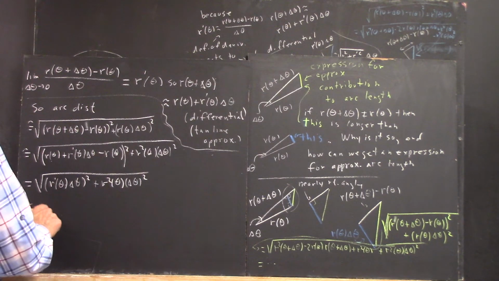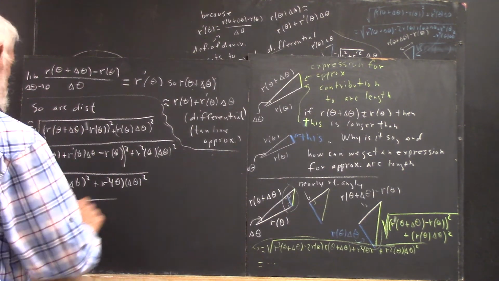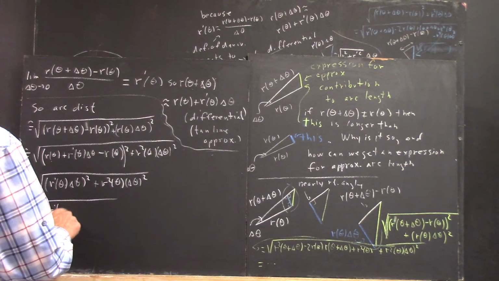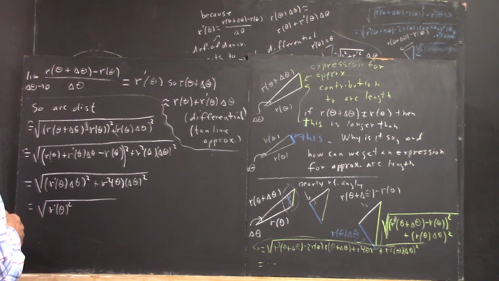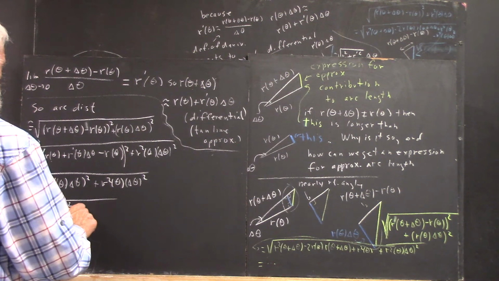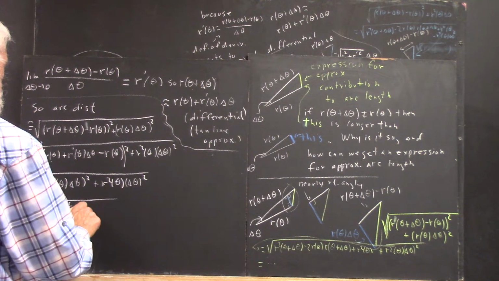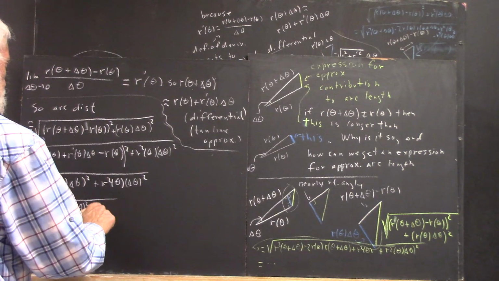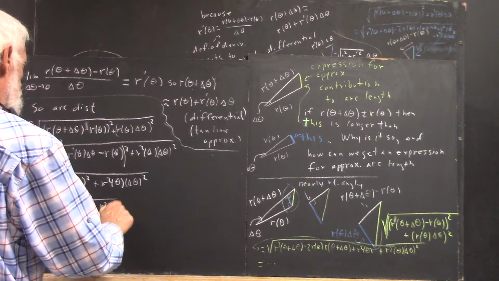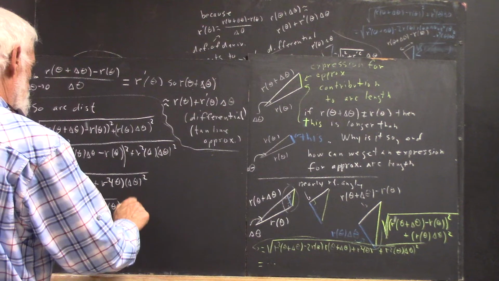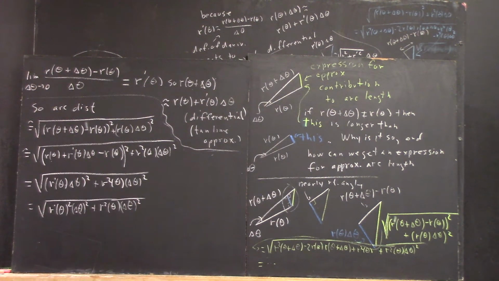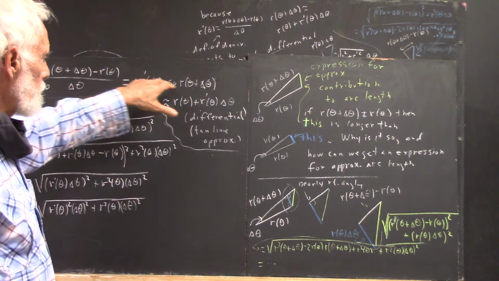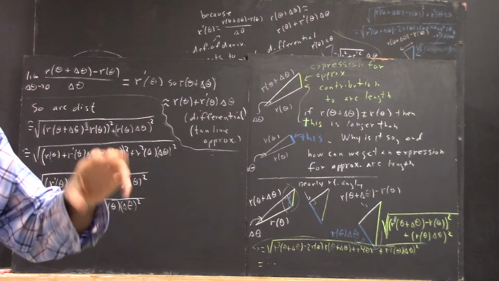And of course, we write out the square, we get the square root of r prime of theta squared times delta theta squared plus r squared of theta times delta theta quantity squared. And this is all very straightforward if you remember what a differential is, understand it, and invoke it.